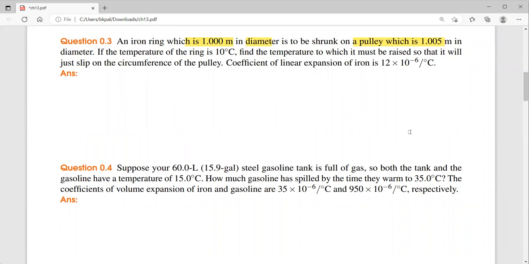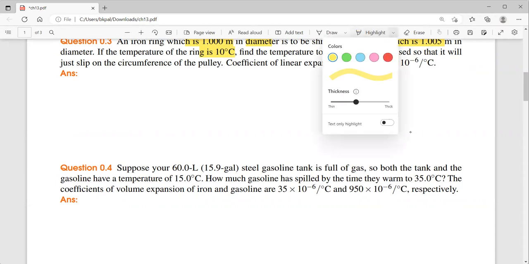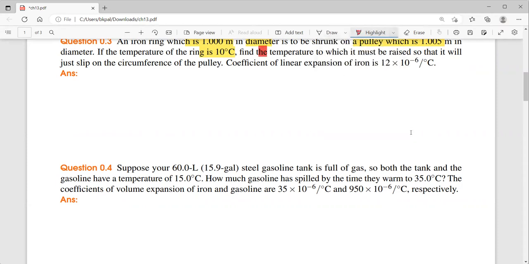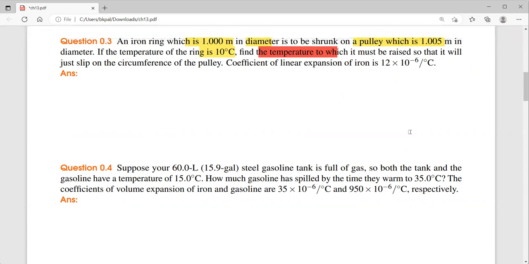Now the temperature of the ring is 10 degrees Celsius, the initial temperature. We have to determine the final temperature so that it will just slip on the circumference of the pulley.